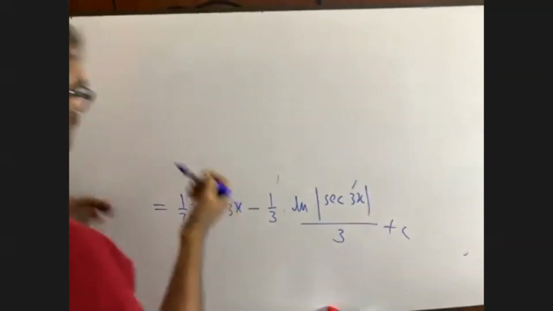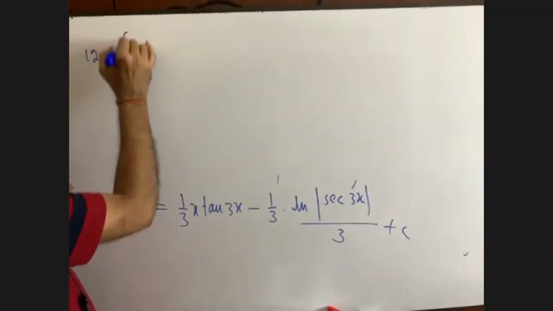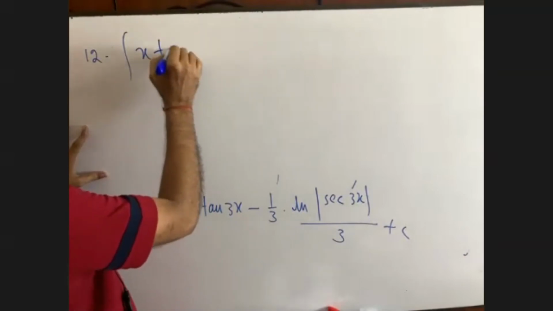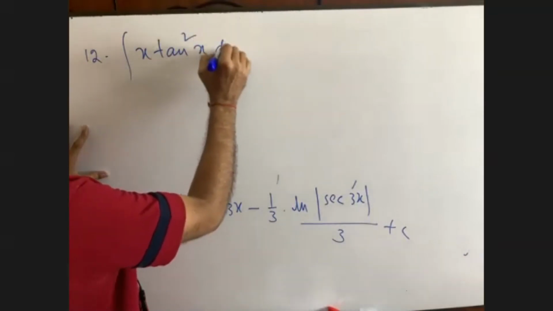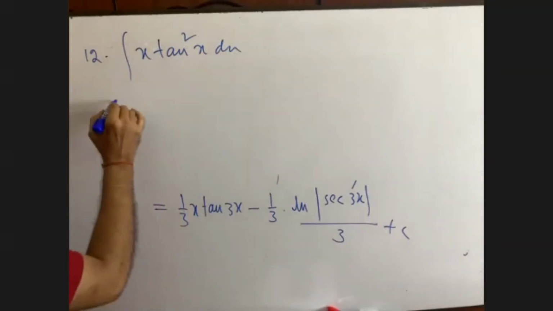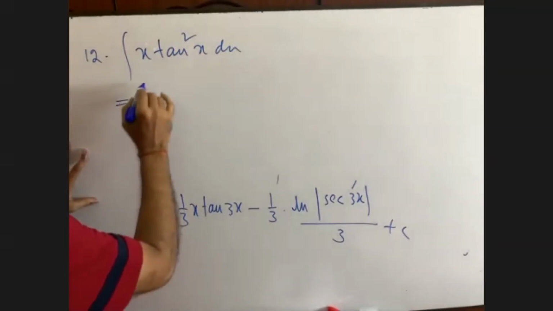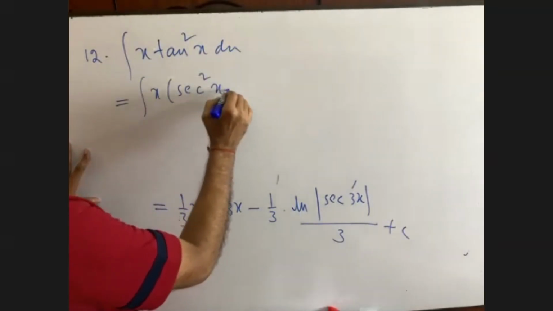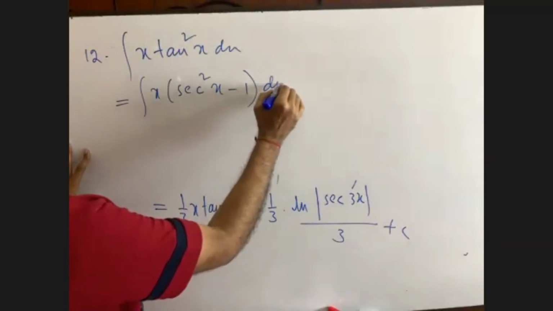Then we are getting question number 12. You see, x tan square x dx. We don't know any formula regarding tan square x, right? We don't have. So we can write down here x times (sec square x minus 1).